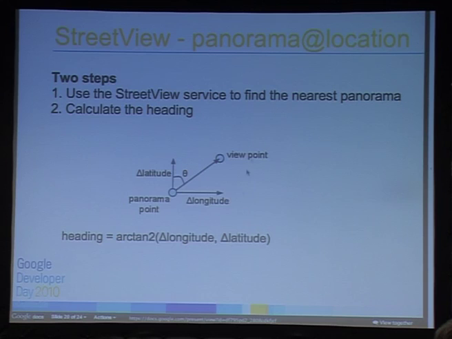So first, you will use the Street View service to find the nearest panorama. I have that lat long of the door of the particular shop. The Street View service will return the nearest panorama, and then you have to do the mathematical part and calculate the right heading, because you will get this is your viewpoint where you would like to look, and this is the nearest panorama, because panoramas are distributed roughly every 10 meters on the street.